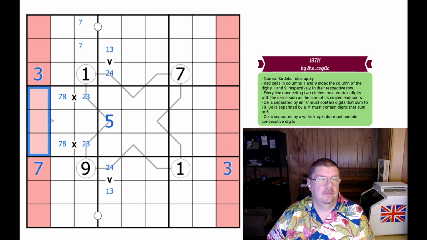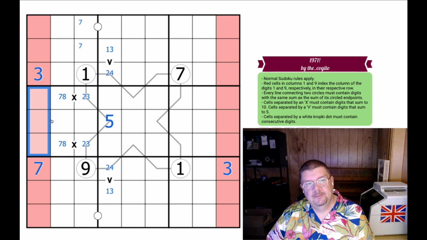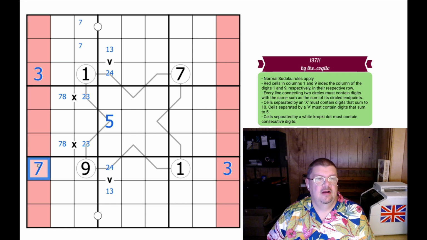Now, why is that useful? Well, we already have our high digit in this box, so those can't be eights. Those can't be eights because we already have eight somewhat allocated in the box. There is an eight in one of those, which then puts a one into one of those two.